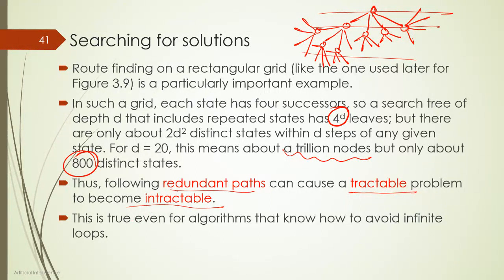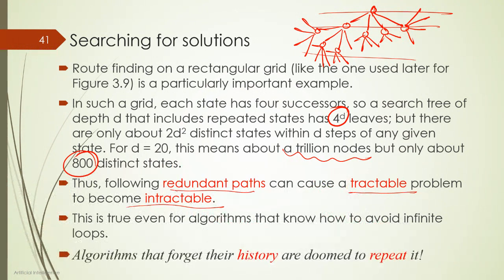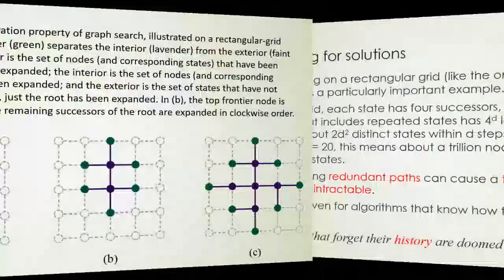So if I make a mistake in choosing the right strategy, a problem which can be solved easily will turn into an unsolvable problem. And this is true even for an algorithm that knows how to avoid infinite loops. There is a famous saying: algorithms that forget their history are doomed to repeat it. So that's why you need to be more careful with designing the agent.